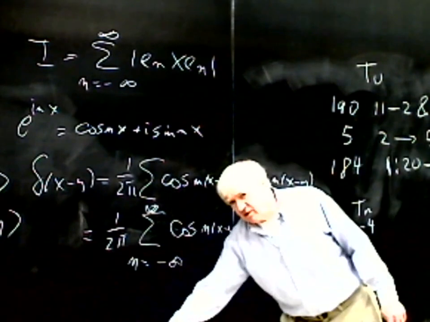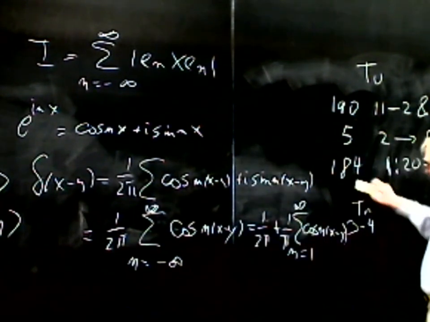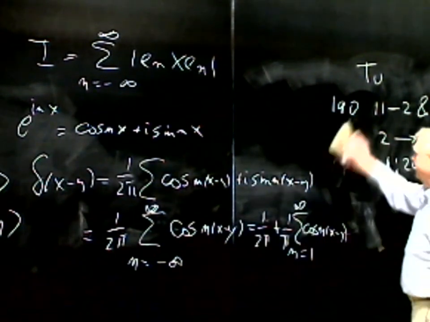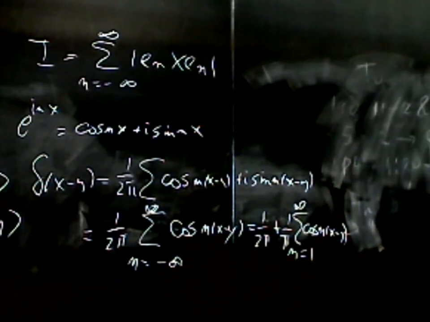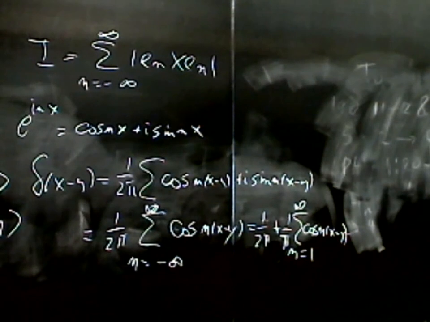So I've absorbed the cosine minus n case, I've just doubled, used the factor of 2 and got rid of the 2 in 1 over 2 pi. Okay?